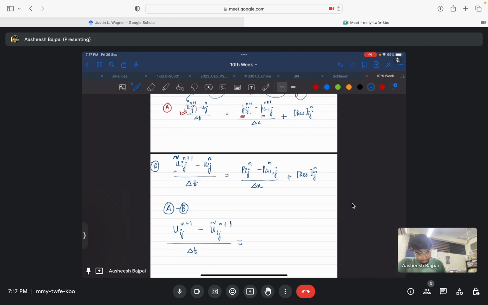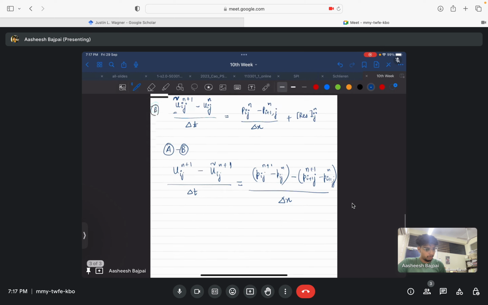So there will be two values, P_ij at n+1 minus P_ij at n, minus P_i+1,j at n+1 minus P_i+1,j at n. Am I correct? Divide by delta x, and these residual terms will go out.